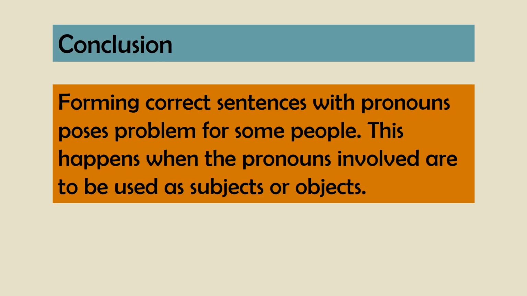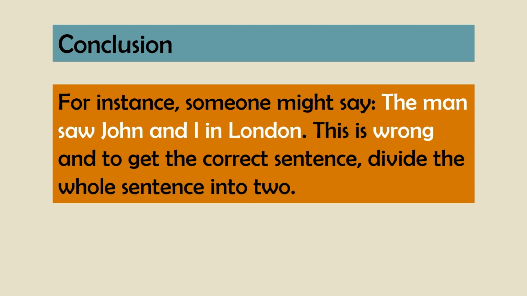In conclusion, forming correct sentences with pronouns poses a problem for some people. This happens when the pronouns involved are to be used as subjects or objects. For instance, someone might say, the man saw John and I in London.